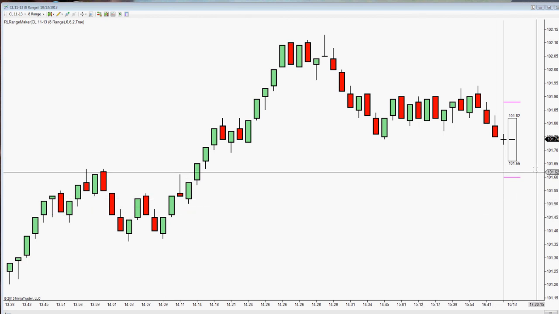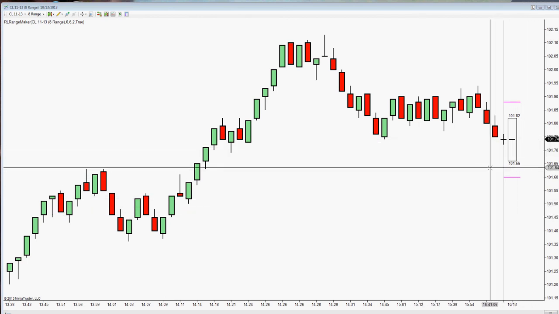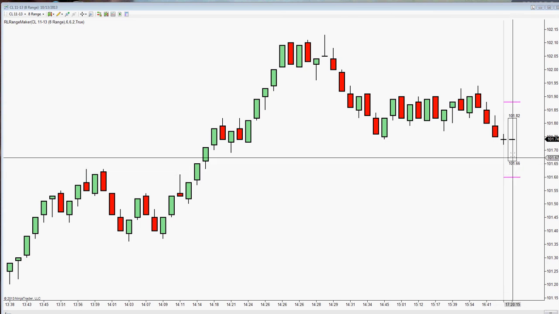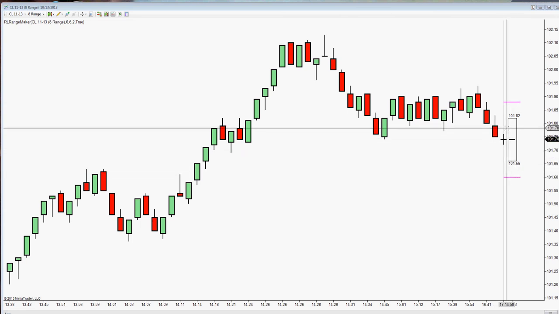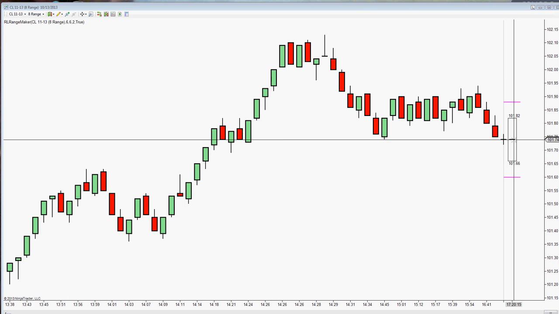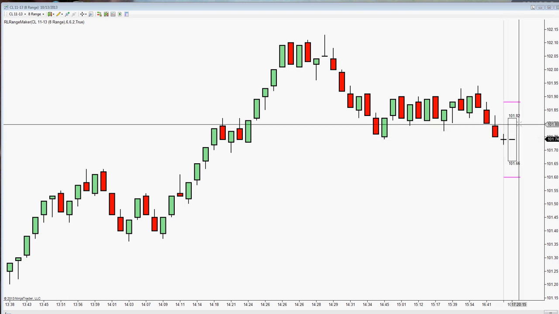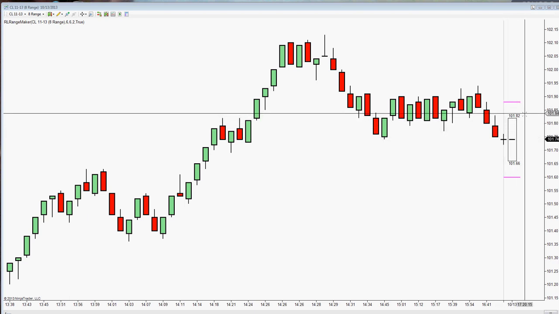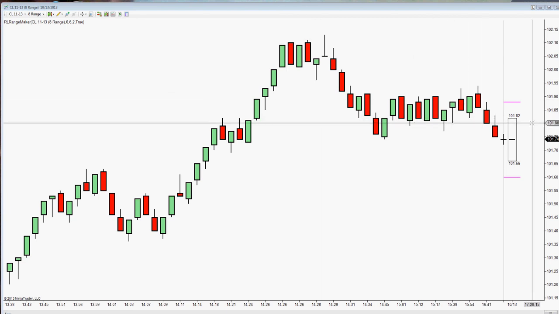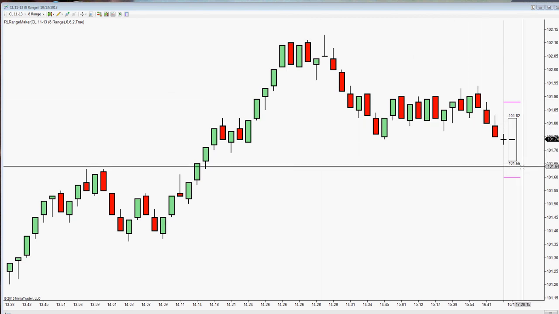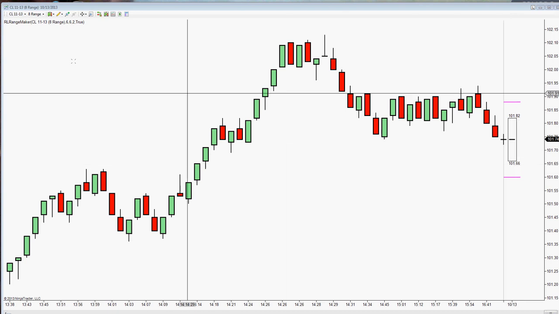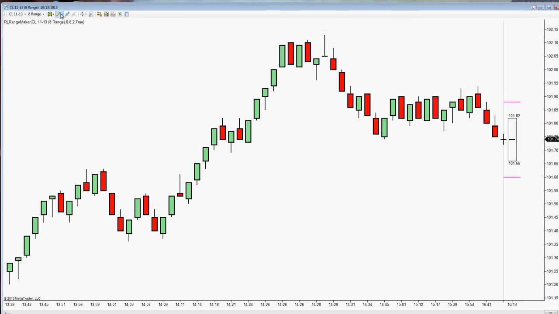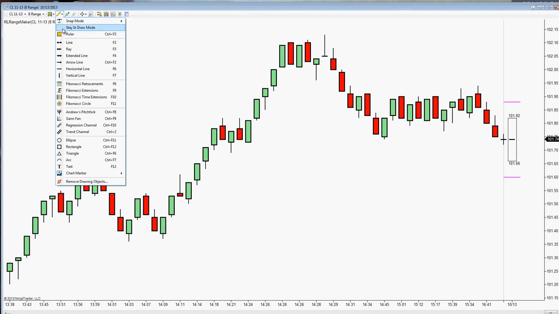Now I've added in the Right Line Range Maker, and it tells us already that the estimated close of the candle to the upside is going to be 101.82, and the close to the downside is estimated at 101.66.